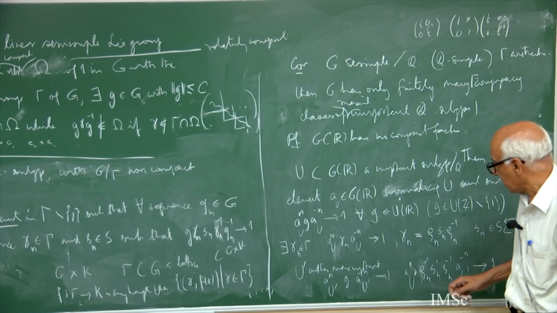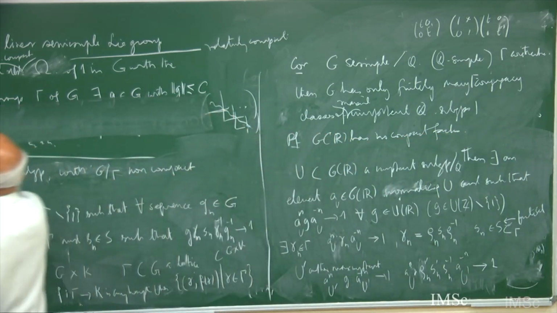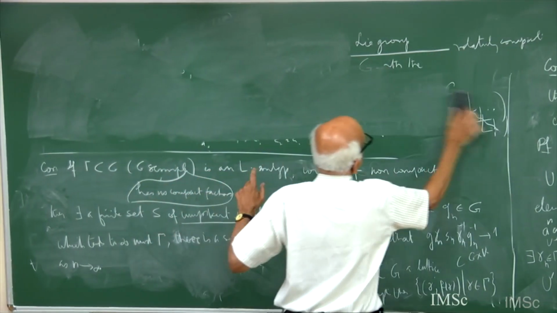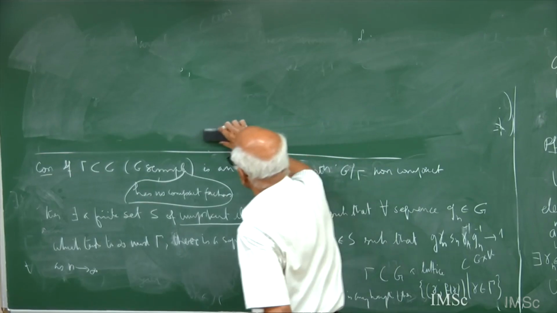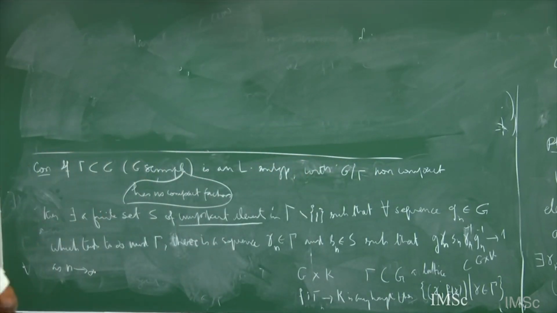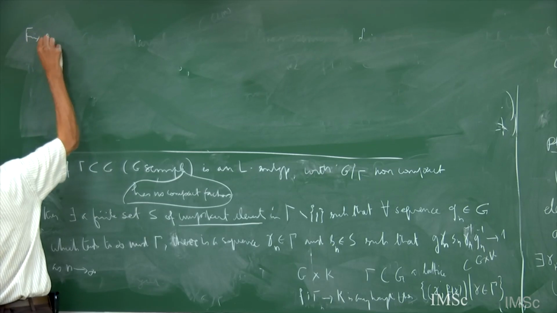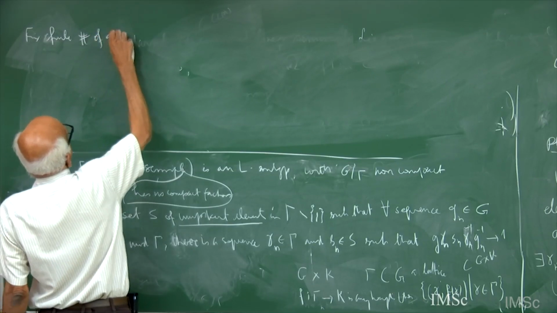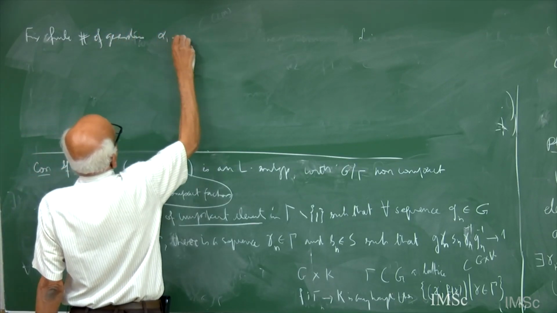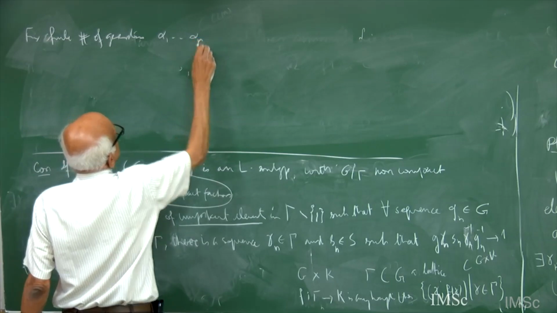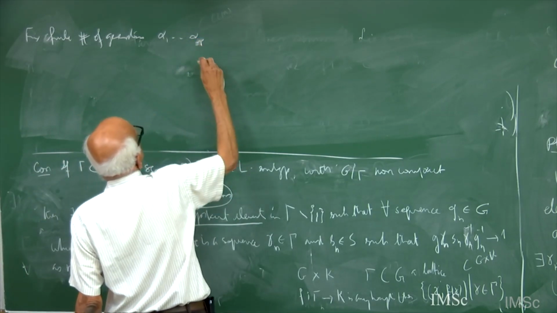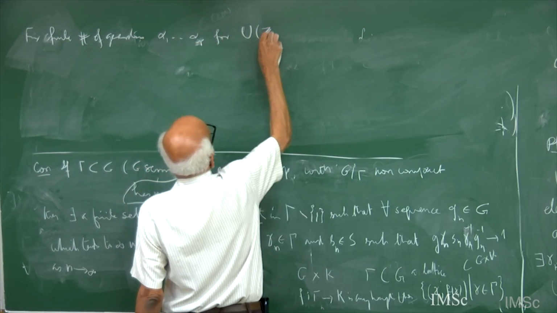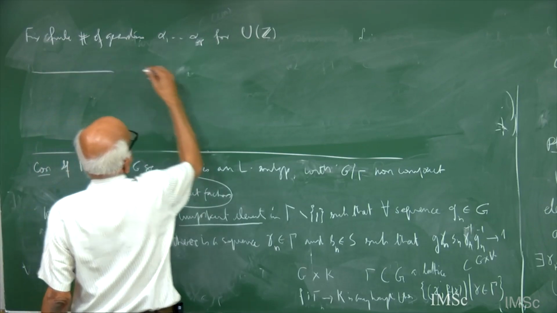And it's also true for, let us fix generators, a finite number of generators, say α_1 through α_r for U, and U intersect Γ.